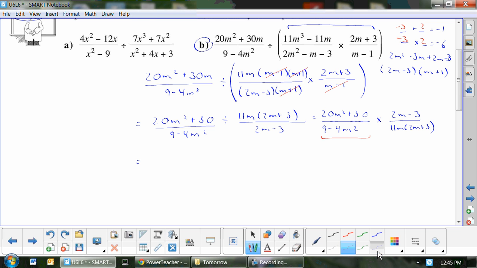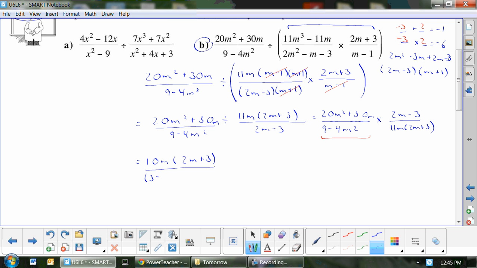So first thing we have to do is we get to take our GCF of 10m out. So we get 2m plus 3 multiplied by 10m. And then, even though it's a different form than we usually see, the denominator is a difference of perfect squares.